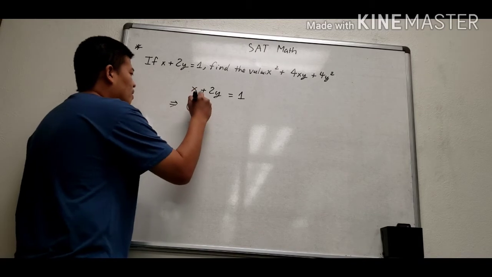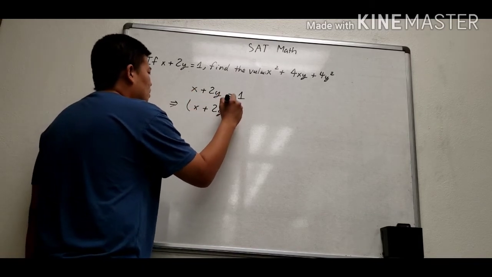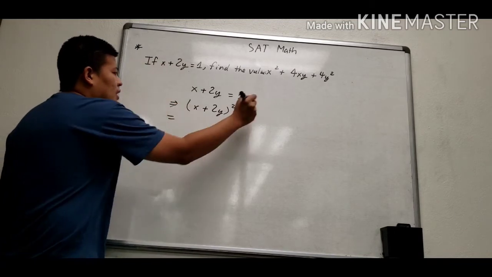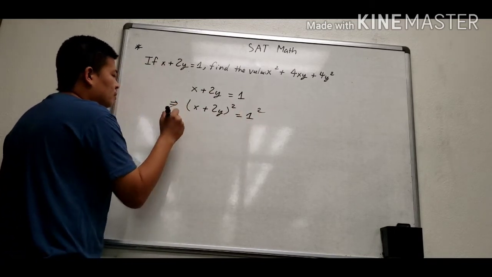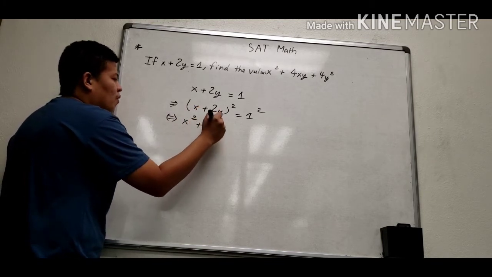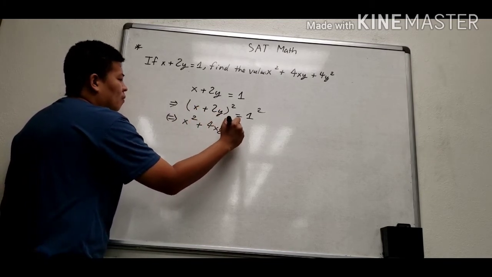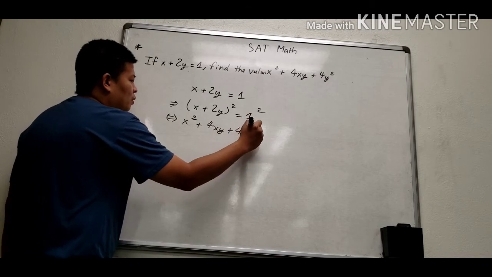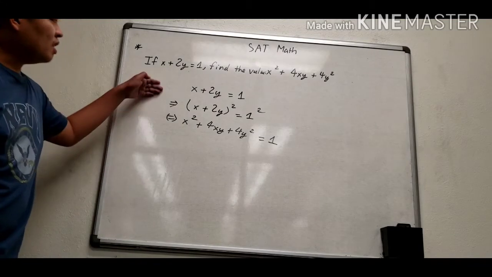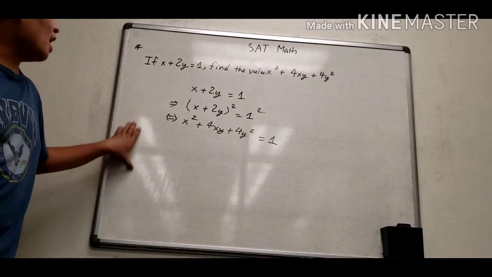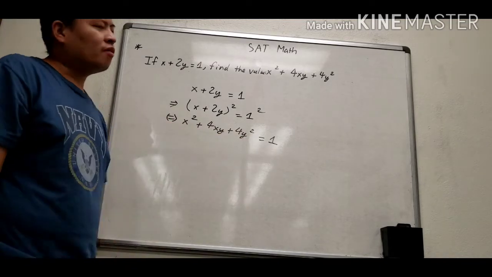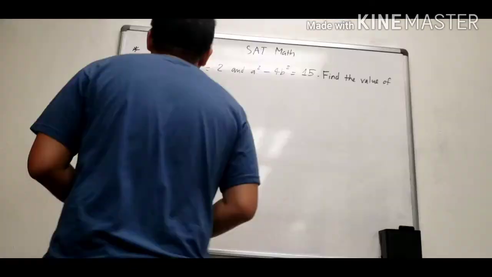And we have s plus 2y power 2 equal to 1. And we have the power 2 here. And we have s power 2 plus 4sy plus 4y power 2 equal to 1. So this is the small technique for the SAT math, and you can see that the answer for the question is 1.